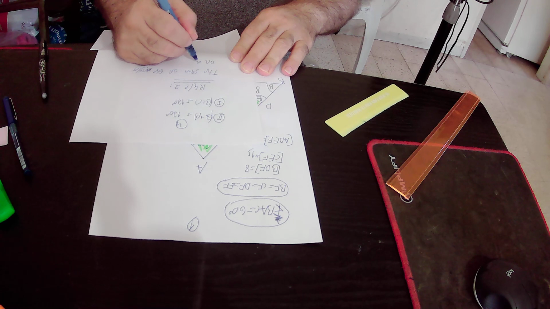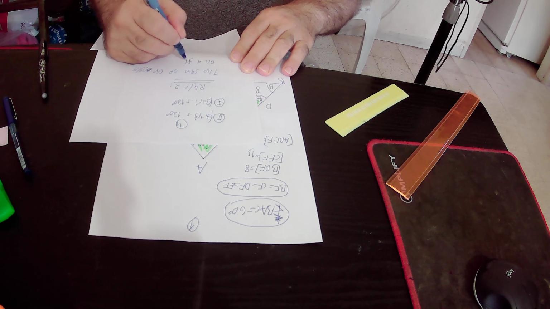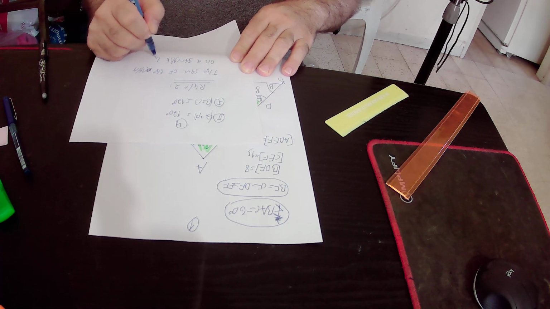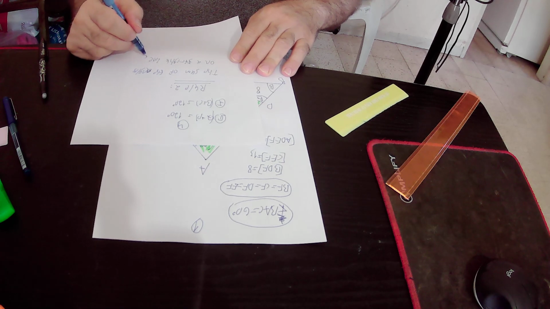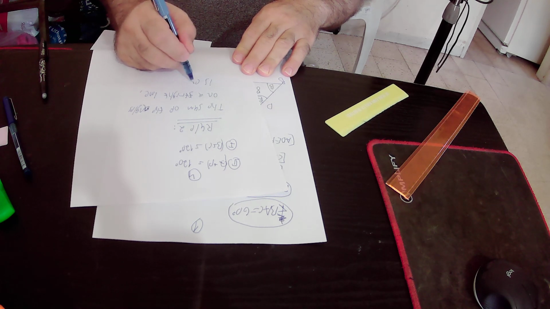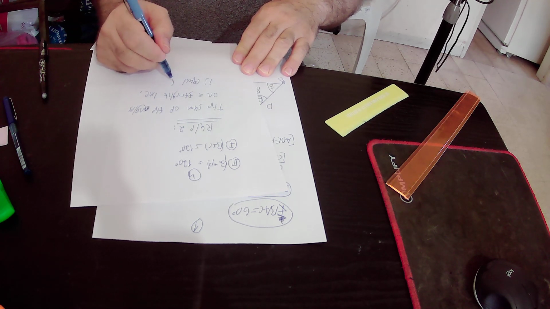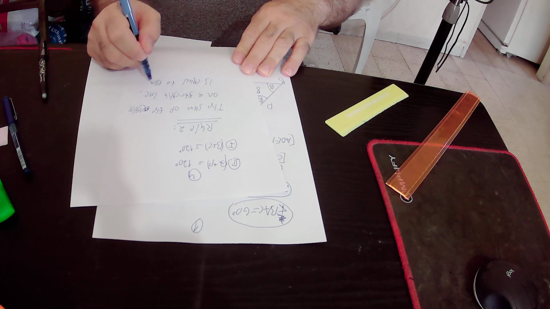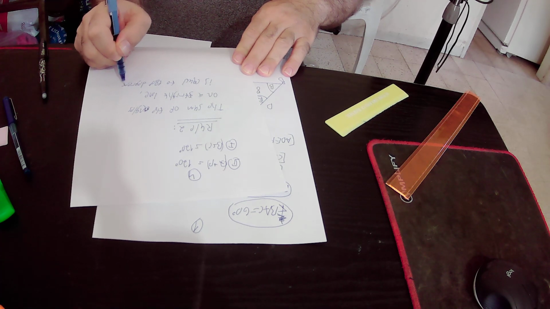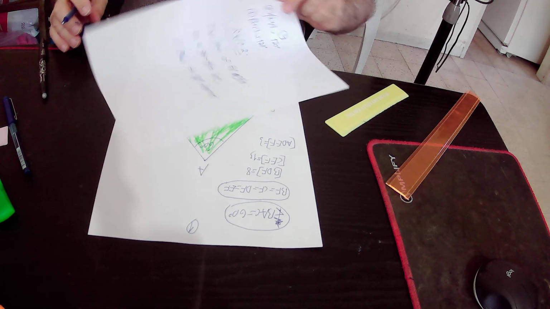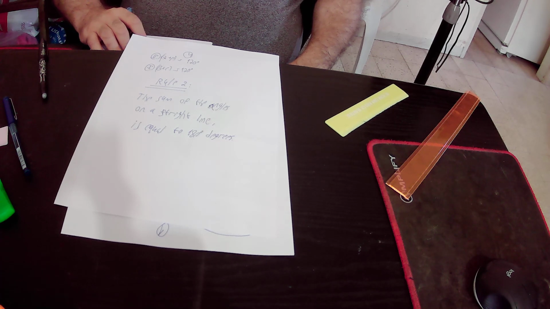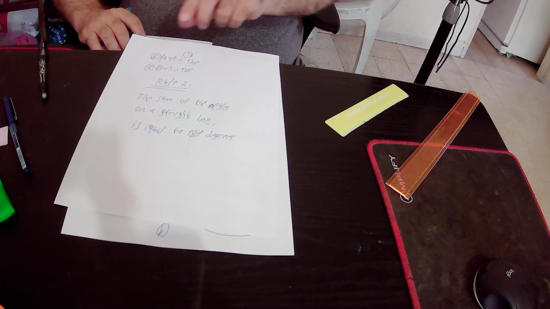So I will read rule number 2 again. Rule number 2 states that the sum of the angles on a straight line is equal to 180 degrees.